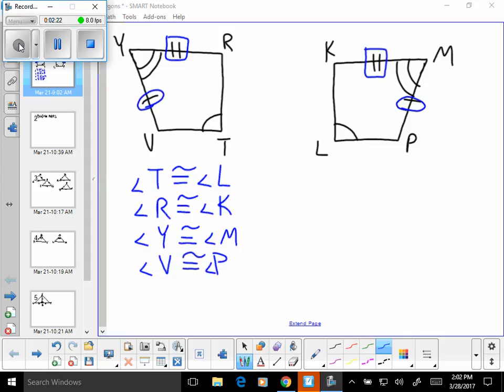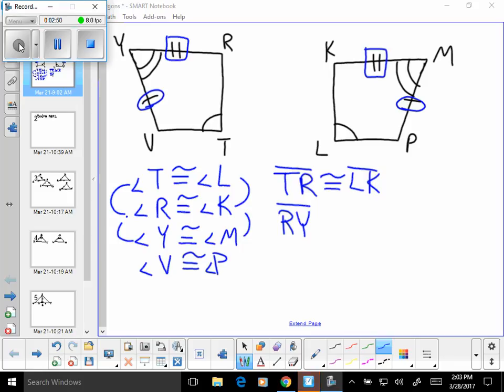The fact that you've got angles that are congruent means that we have sides that are congruent, or line segments that are congruent. So we're going to go with line segment TR congruent to line segment LK. Now, if you'll notice, I match up T and R, L and K. Then I shift and I go down to line segment RY, and then line segment KM.